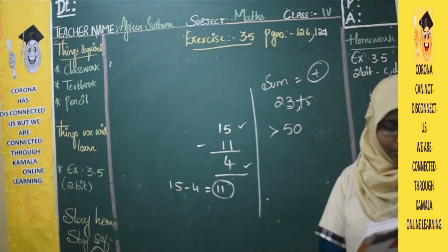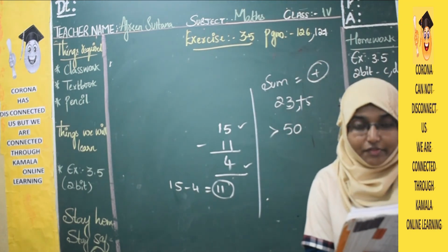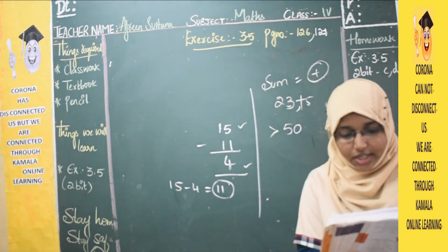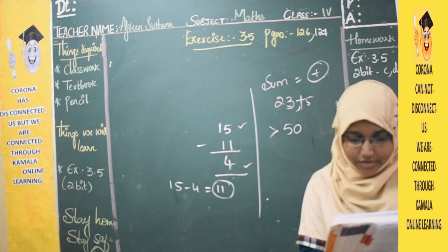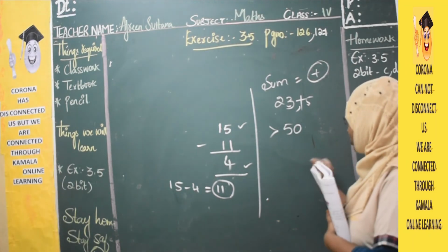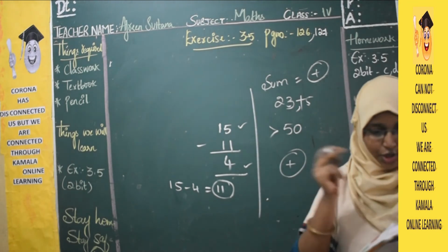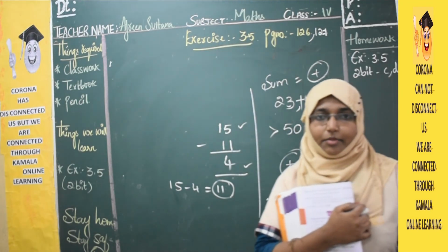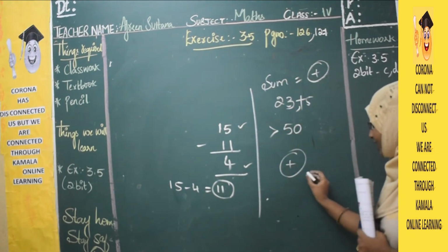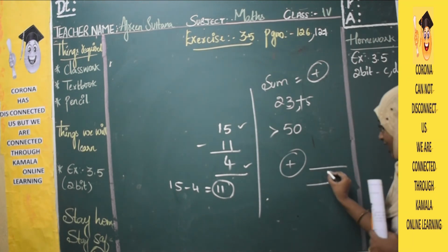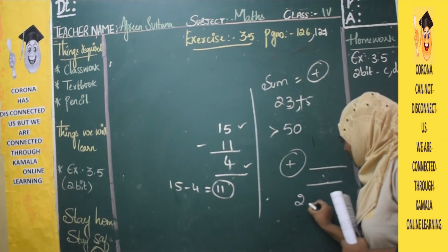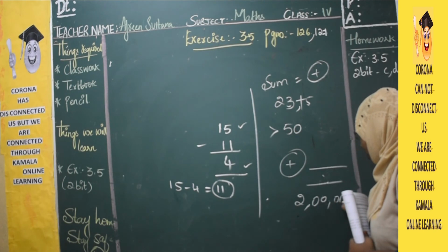So the first two numbers you are going to add up. What are the first two numbers they have given here? 1,51,263 and 47,856. Those two numbers you are going to add. Whatever result you get, you are going to compare with 2 lakh, which means you have to subtract it from 2 lakh.